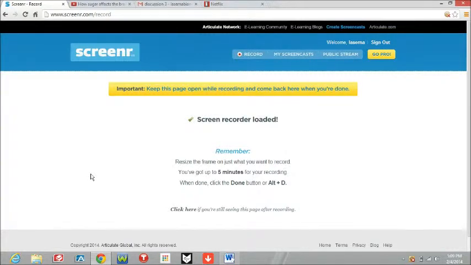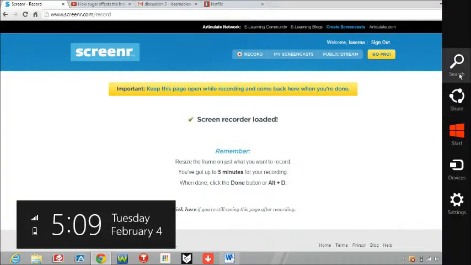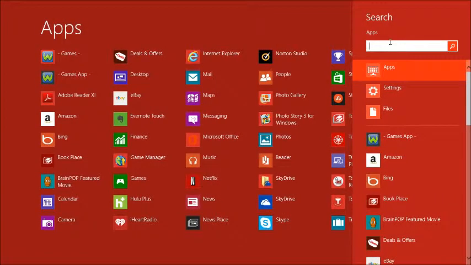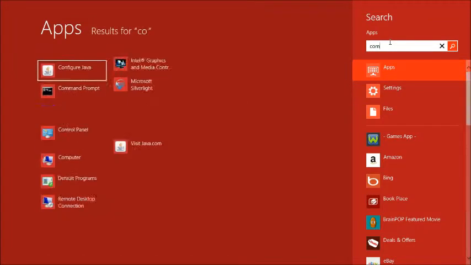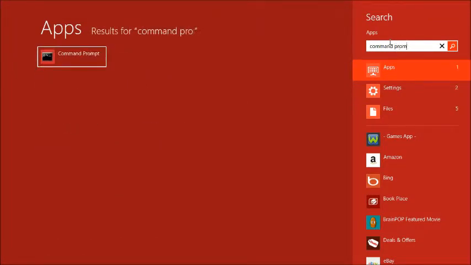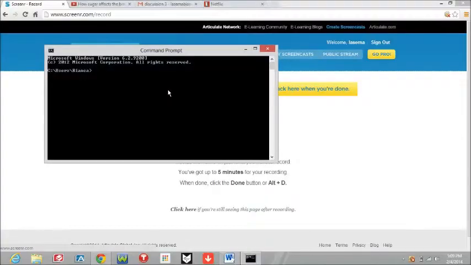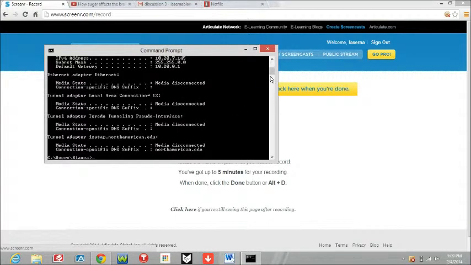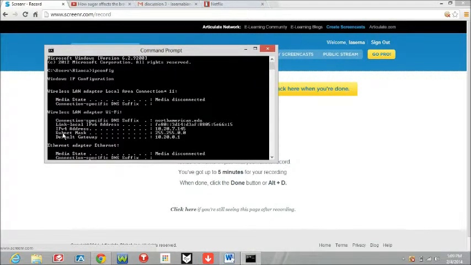One way is to go to the search and type in command prompt, and then click on command prompt. There you need to type in ipconfig, and there we can find our IP address right here, IPv4 address, and this is the IP address. This is one way to find it.